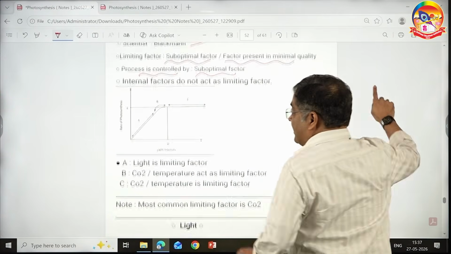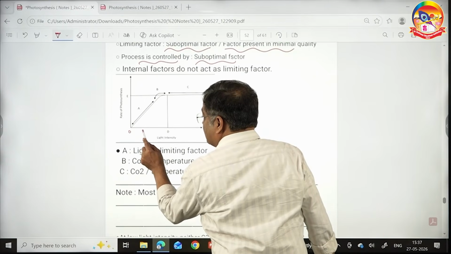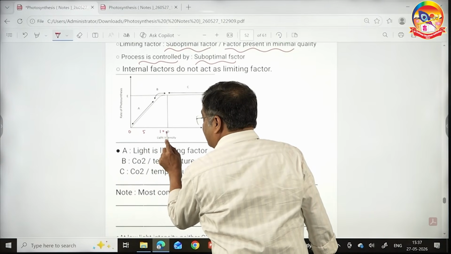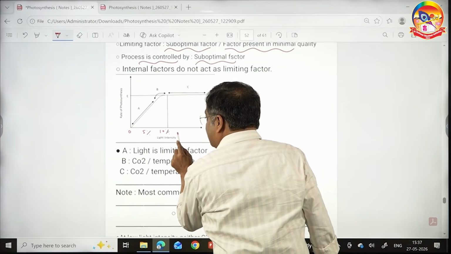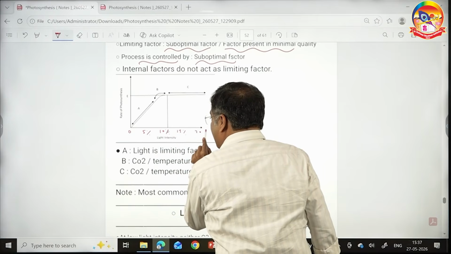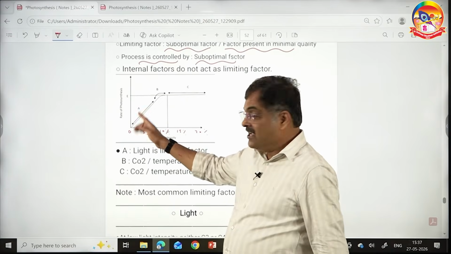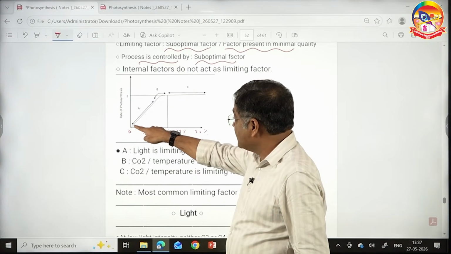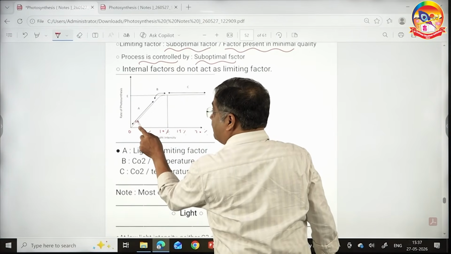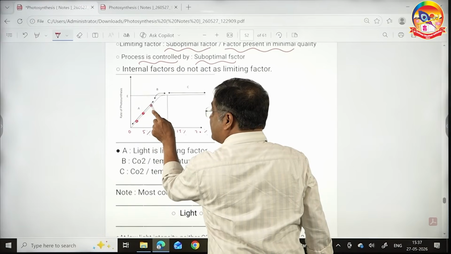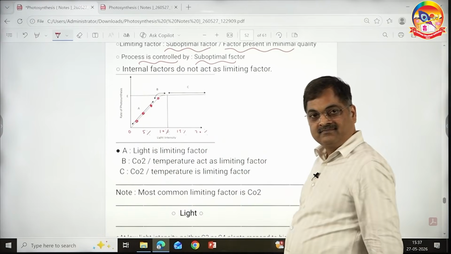Look here. This is 0%, this is 5% of sunlight, this is 10% of sunlight, this is 15%, and this is 20% of total sunlight. Look here, as long as sunlight is less than 10%, the rate of photosynthesis is increasing.